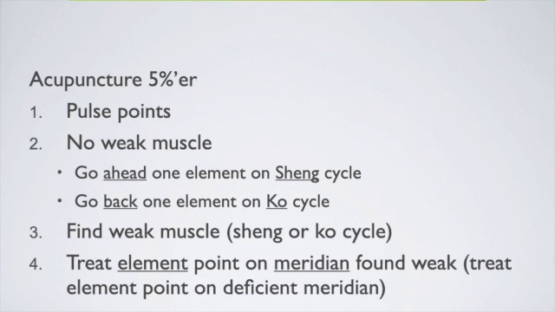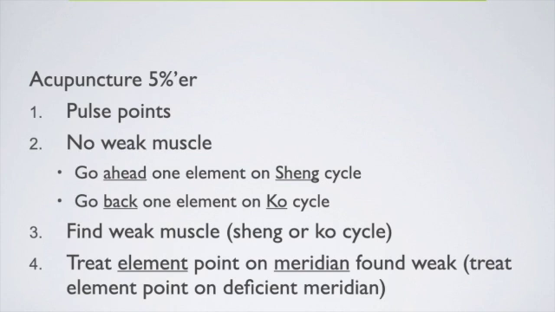So with what we call the 5%er, because the first protocol I taught you was what you'll see about 85% of the time when you test your patients. And then the second scenario, using the 24-hour clock, you'll see about 10% of the time, and you do see it.